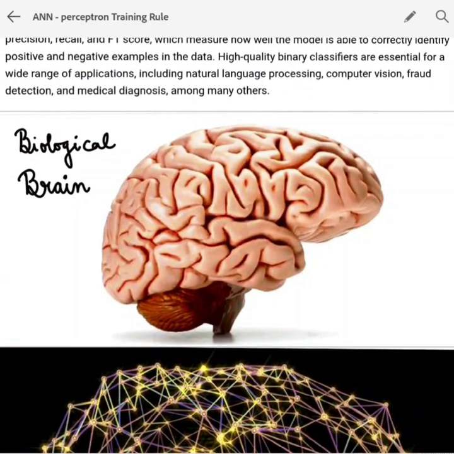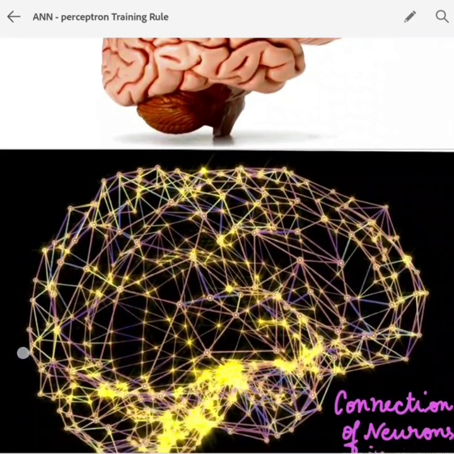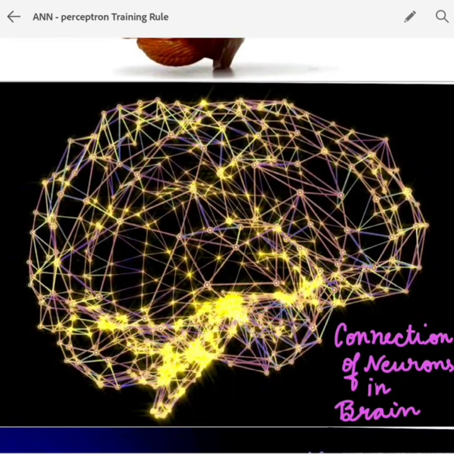This is the image of a biological brain, and in this brain there are different neurons. All these circles that you can see are the neurons, and they are all connected to each other through different connectivities in the brain.